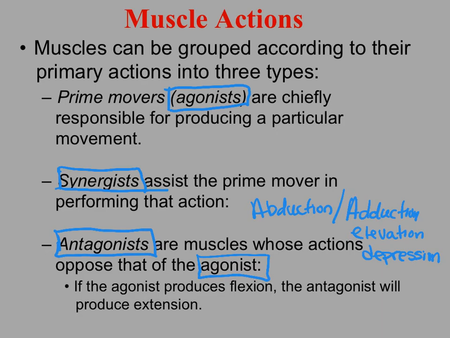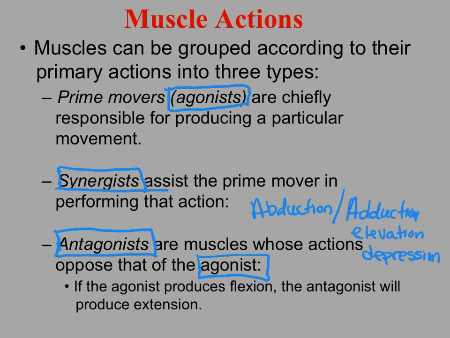When you flex at the waist, the abdominals are responsible for that, so in that case, the abdominals are the prime movers. The muscles that perform the exact opposite, extension at the waist, are the muscles of the lower back. We call these the erector spinae. So this would be an agonist-antagonistic pair.